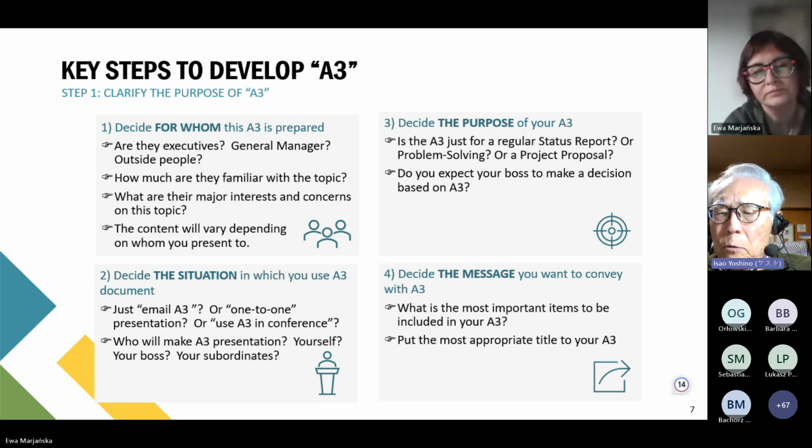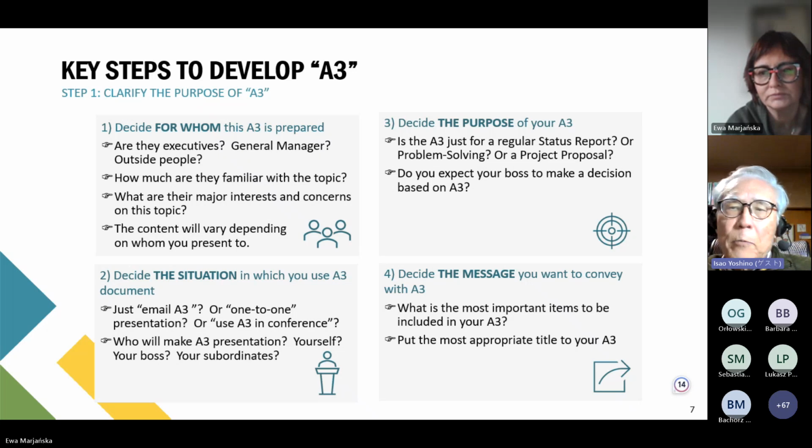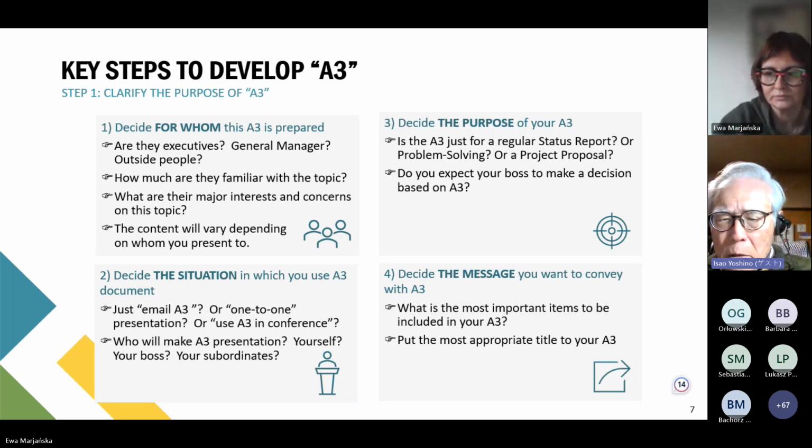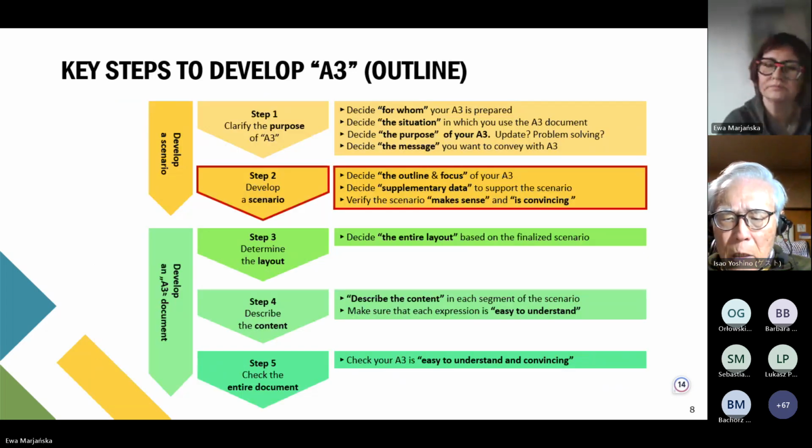So the paper is prepared by the purpose of this document. And number 4 is the message you want to convey, because you have to make the message clear. I already explained this. Page 8, I already talked about scenario.